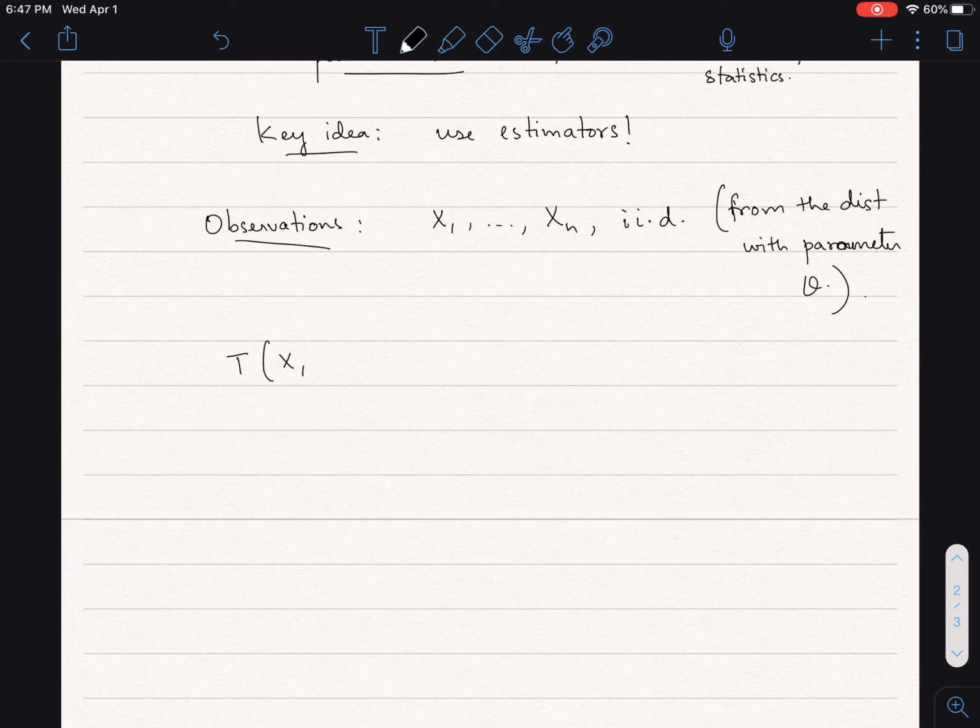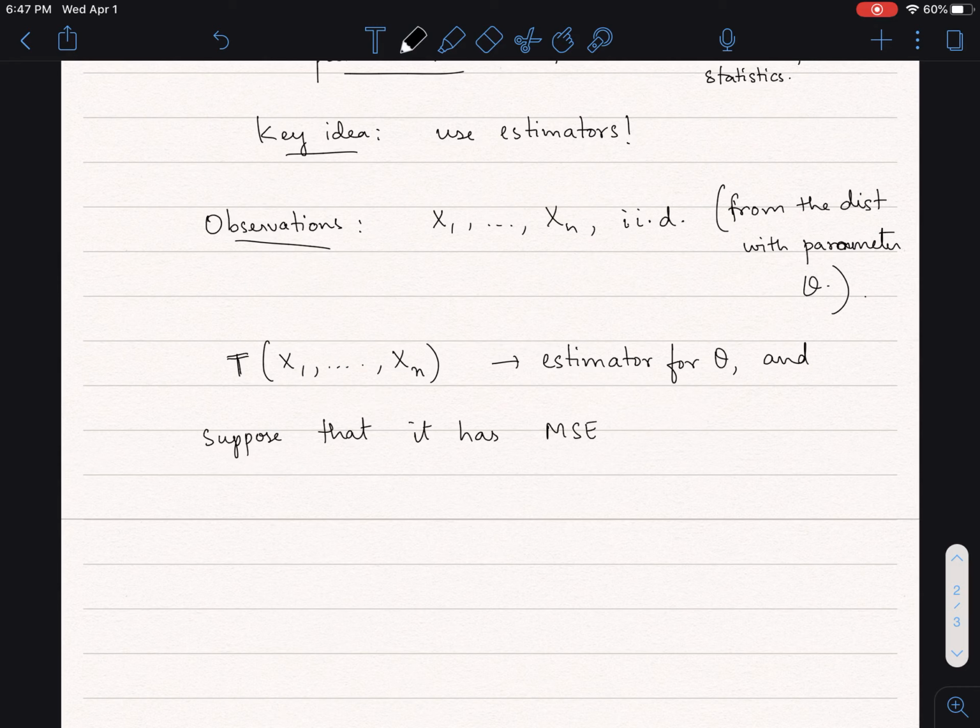So t is some statistic of x1 through xn, and let's assume that t is an estimator for theta, and suppose that it has mean squared error, which we defined last class, equal to some quantity that for now I am going to call gamma.